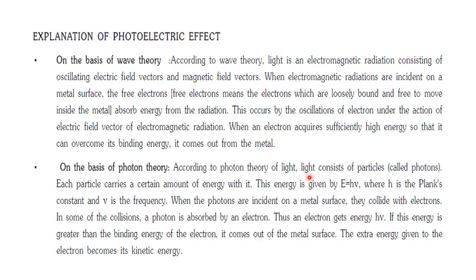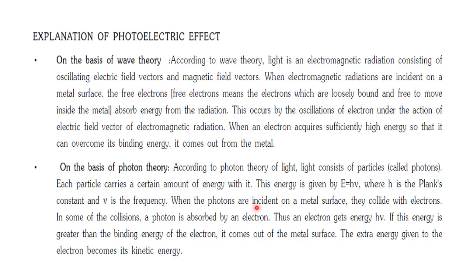According to this photon theory, light consists of particles, and each particle carries an amount of energy equal to E = h nu, where h is Planck's constant and nu is the frequency. We can also relate this with E = hc/lambda, because frequency is related to wavelength, nu = c/lambda, where c is the velocity of light and lambda is the wavelength of light.